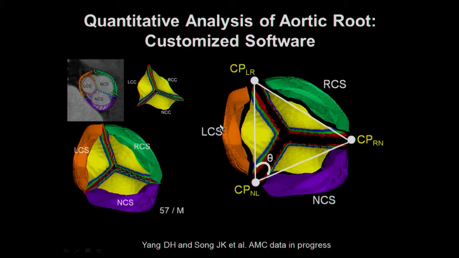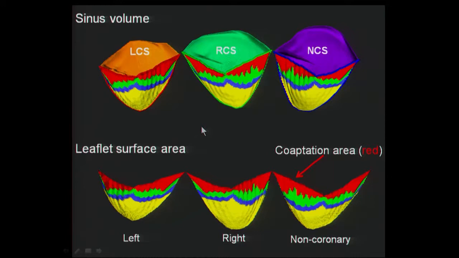Another advantage of cardiac CT is its capability of quantitative analysis. After massive tracing using cardiac CT, we can obtain a 3D shape of each leaflet, sinus, and each commissure like this. Using customized software, we can measure not only annulus diameter, but also quantitative values of leaflet surface area and sinus volume like this.